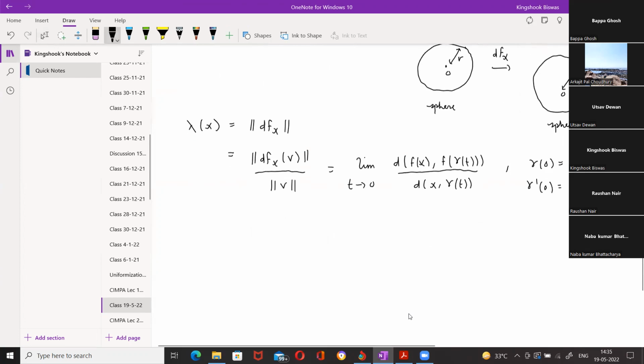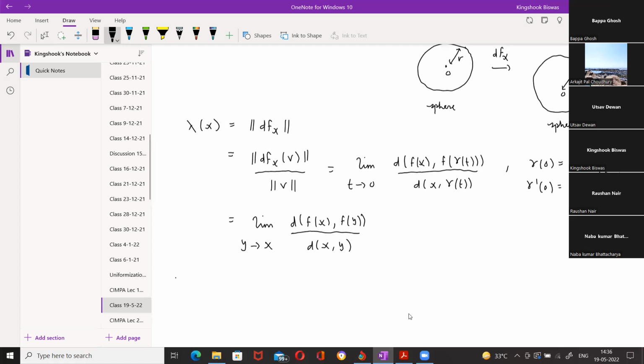But now this is the same for all v, right? So I can write this as a limit as y tends to x from any direction of distance f x, f y over distance x y, right? Is this clear? Okay.